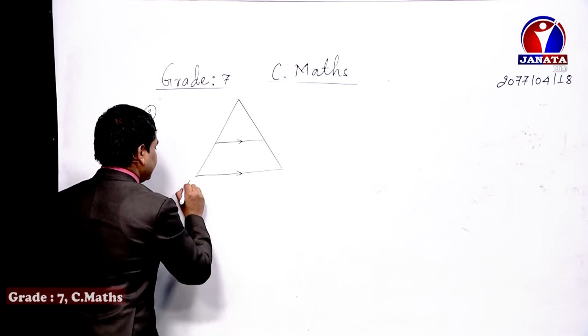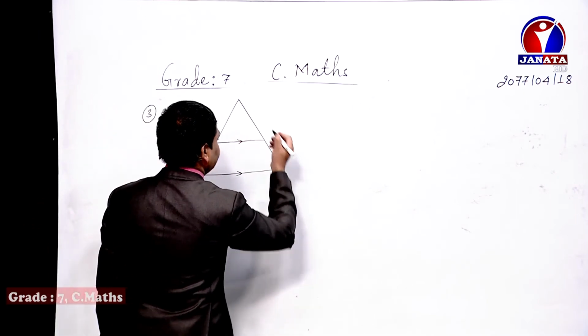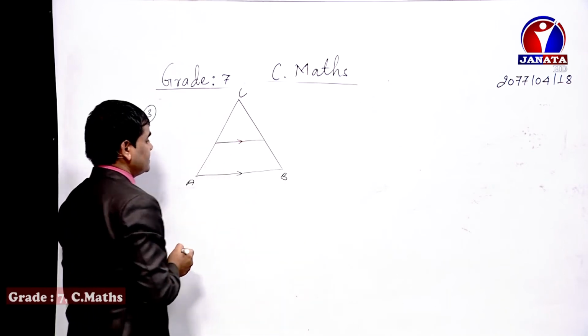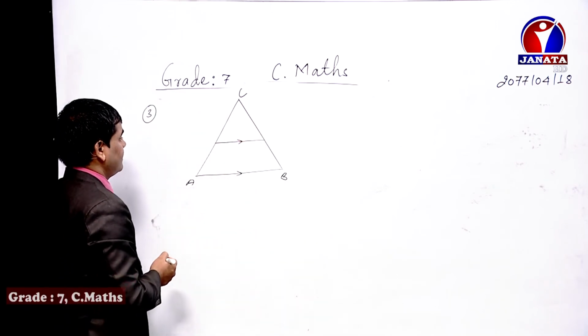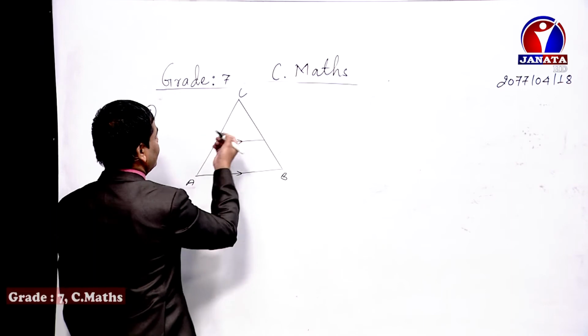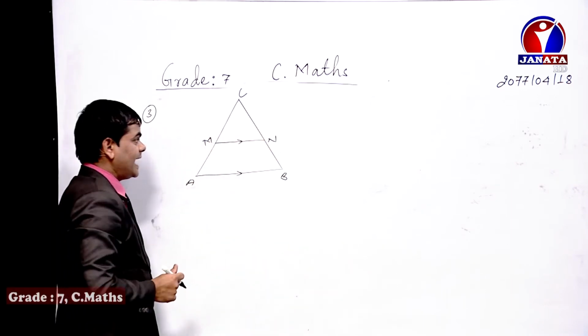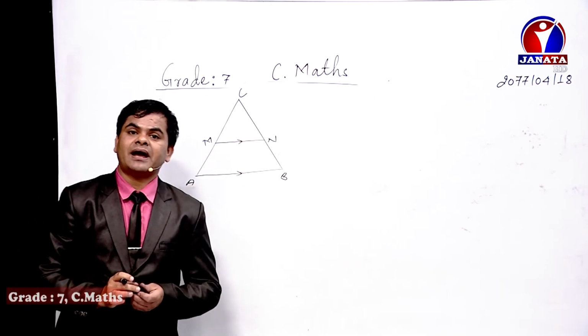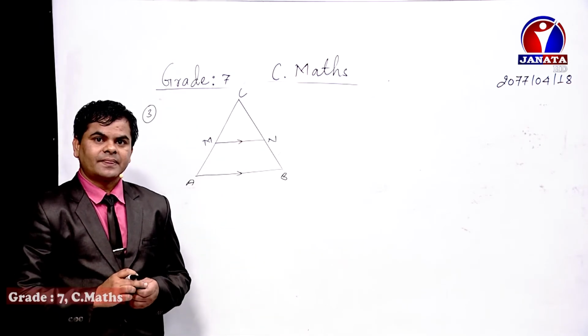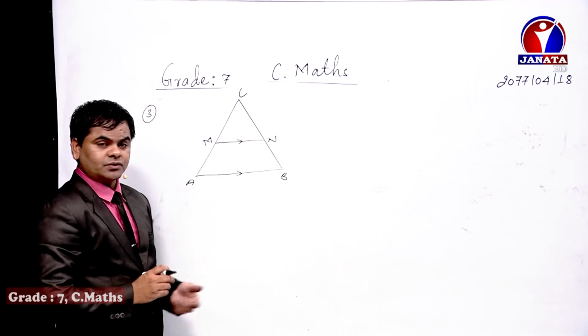I'm going to write the name of this one as A, B, C. The bigger triangle is named ABC. Now the smaller one, I'm going to keep here M and then N. It means MN straight line is parallel to AB.